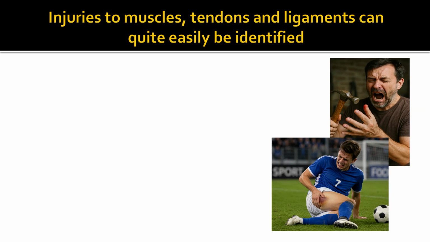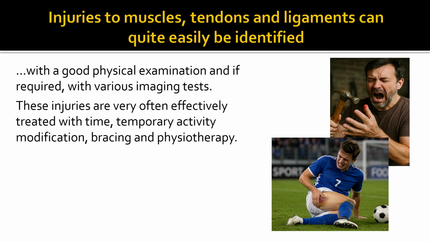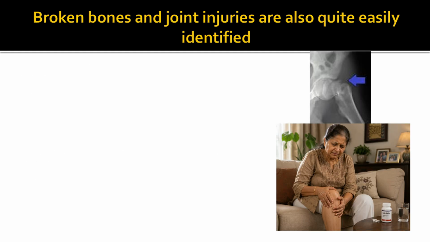Injuries to muscles, tendons, and ligaments can quite easily be identified with a good physical examination and, if required, with various imaging tests. These injuries are very often effectively treated with time, temporary activity modification, bracing, and physiotherapy. After all, injured athletes often get back to their full sports in just a matter of weeks.